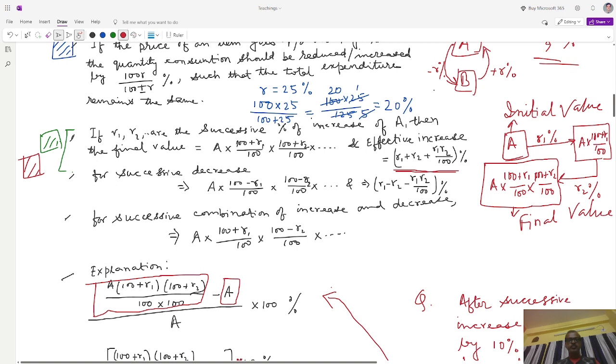For successive decrease, R1 is also taken minus and R2 is also minus. So minus into minus, this will be plus.